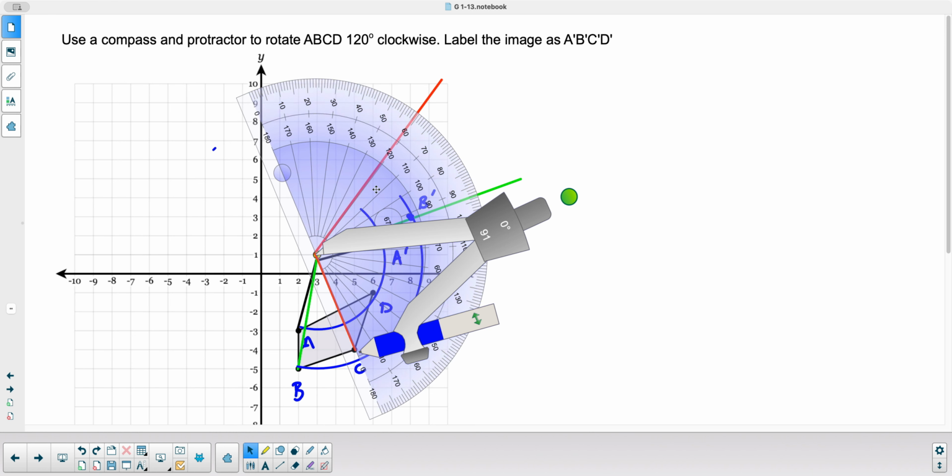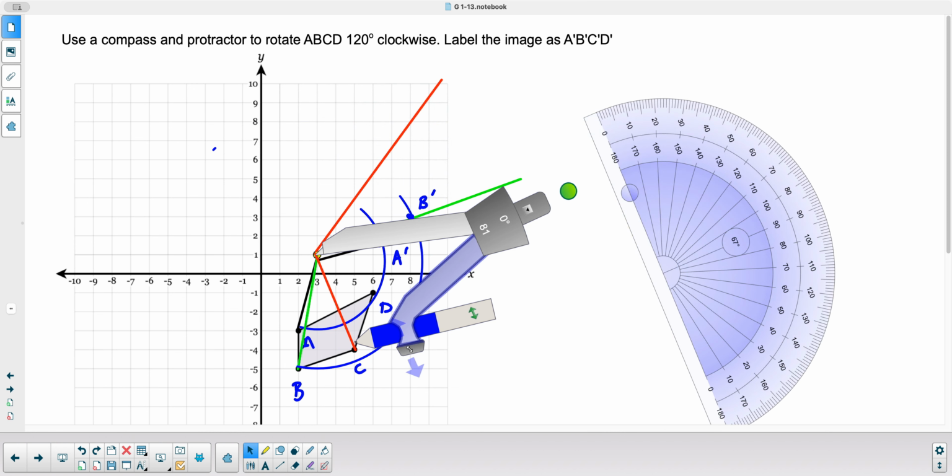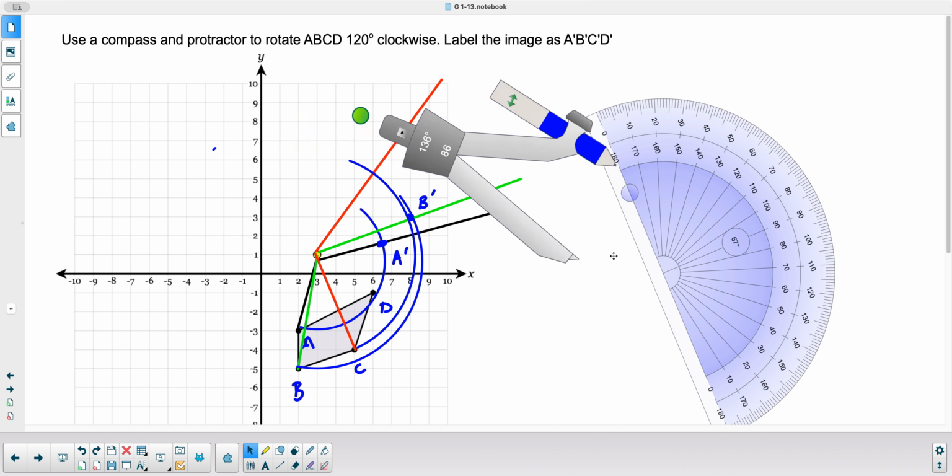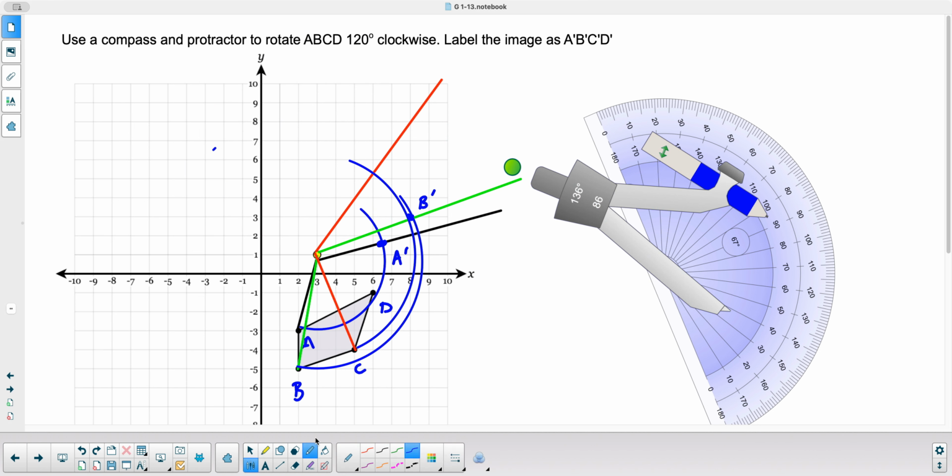Whoops. Let me move this out of here. There we go. So right there where I hit that red circle is my C prime. And then I got to do the last one with D.